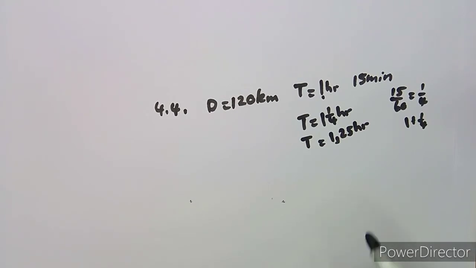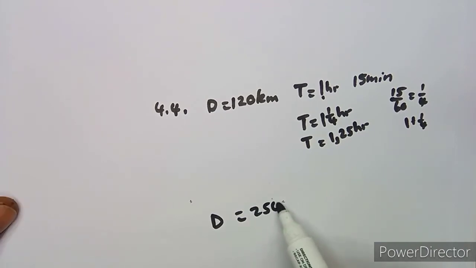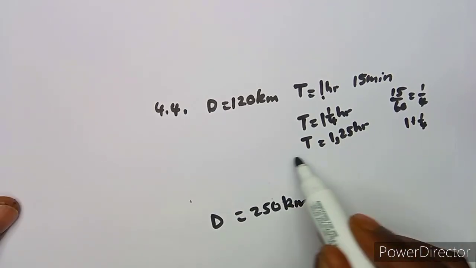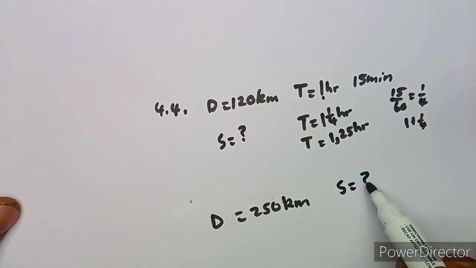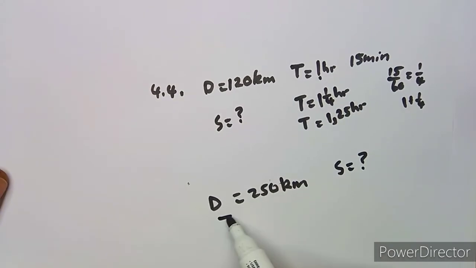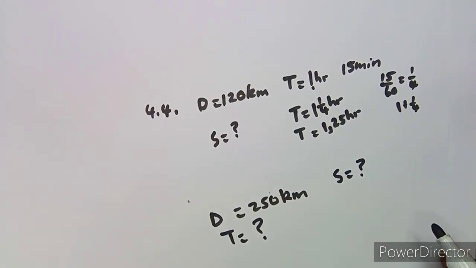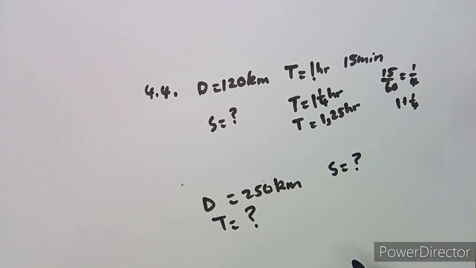Then on the second condition, we are just given a distance of 250 kilometers, and we are told that the speed is going to be the same. For the same speed, what is the time that you're supposed to have? Like I said, we've got 2 ways to attempt this question.